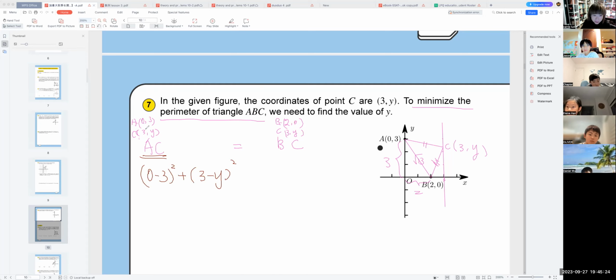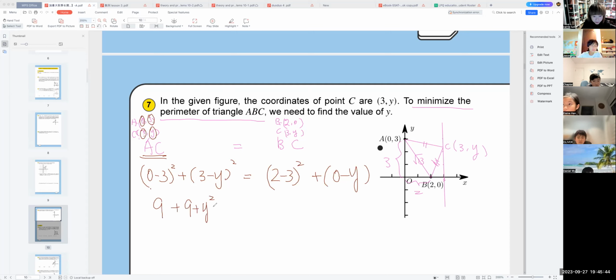It's x minus x, y minus y. And here it's also x minus x, 2 minus 3 squared, plus 0 minus y squared, this minus this, plus this minus this, squared, right? So this is 9 plus 9 plus y squared minus 6y equals 1 plus y squared.